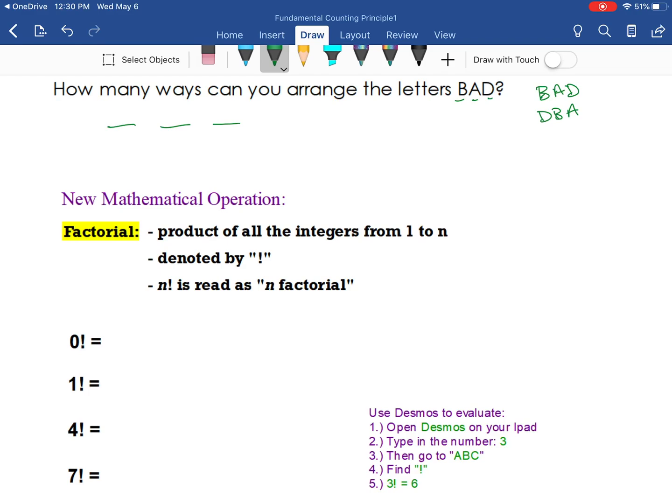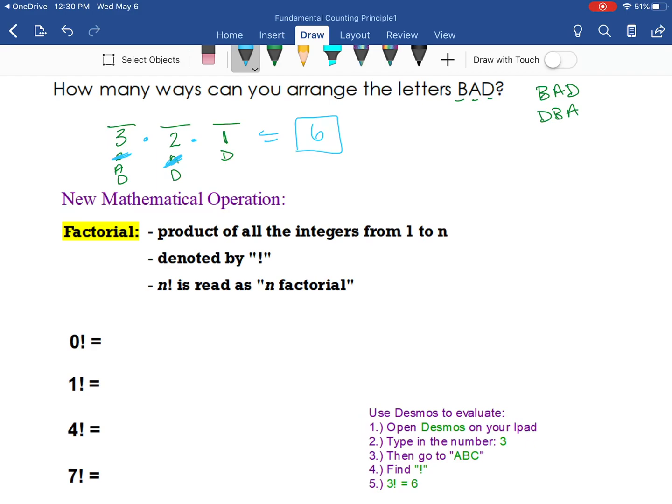So that means we have 3 options for the first letter, because it could be B, A, or D. But then we use 1 up, so we only have 2 options left for the second letter. But then we use 1 up, so there's just 1 option left for the last letter. So that tells us that if we want to figure out the number of ways, we're going to take 3 times 2 times 1, which is 6.